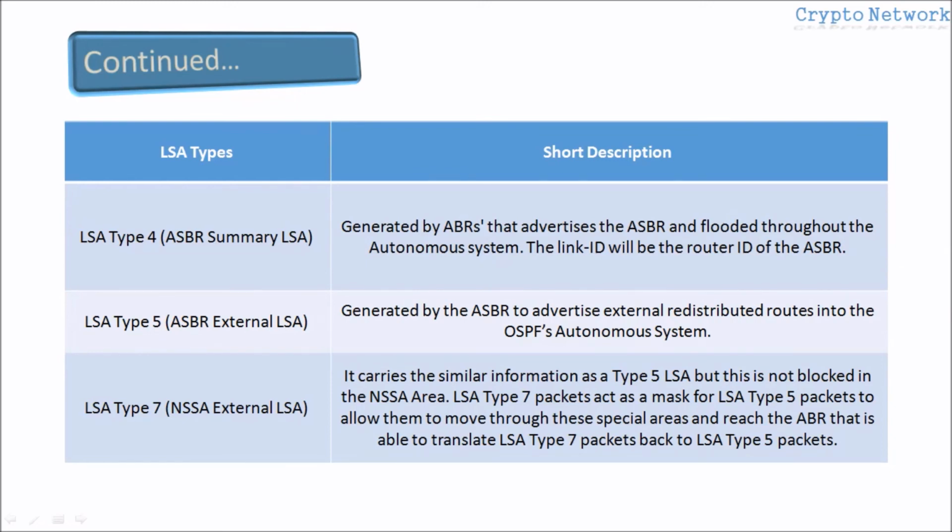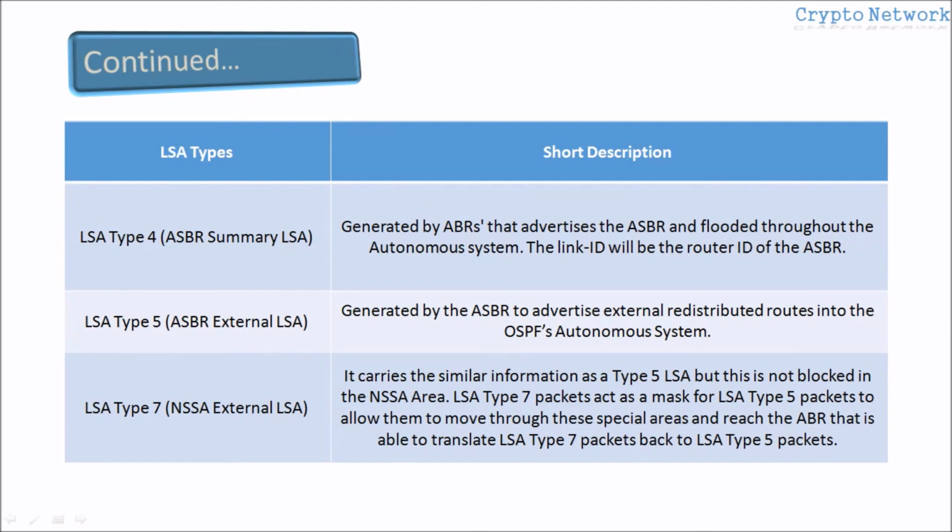We have type 5 external LSA that is generated by the ASBR and advertises external destinations. The ASBR advertises the routes that it has to the internal OSPF, flooded throughout the autonomous system. Then LSA type 7, external LSA, also known as not so stubby LSA, NSSA LSA.